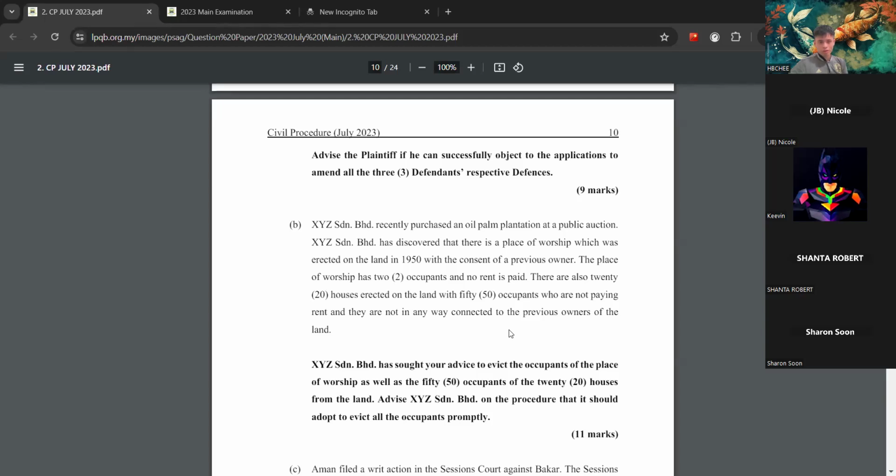I think you all might have forgotten about Order 14. Because you see, squatters, right?